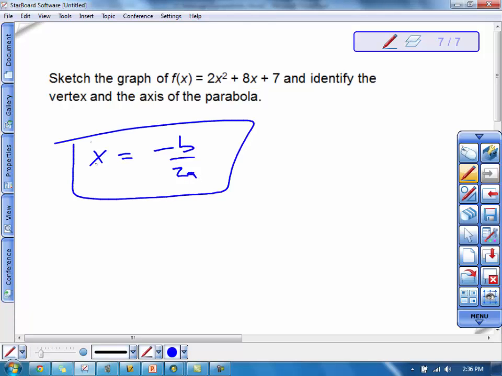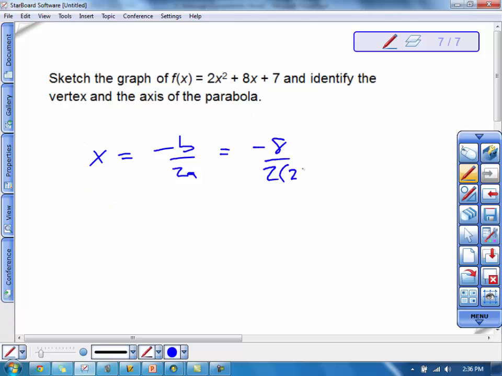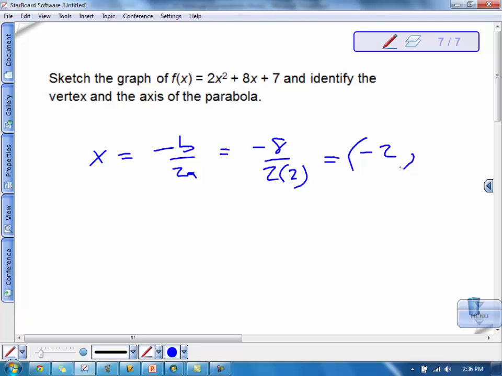I want you to know that that's the x-coordinate for the vertex. That will be something I put in the formula sheet, but so for this one it'd be negative 8 over 2 times 2 if you plug in b and a, in which case this turns into negative 2. So the x-coordinate for the vertex is negative 2. The y-coordinate for the vertex then would be, if you plug in negative 2, you get 4 times 2 is 8, plus negative 16 plus 7, which is negative 1.